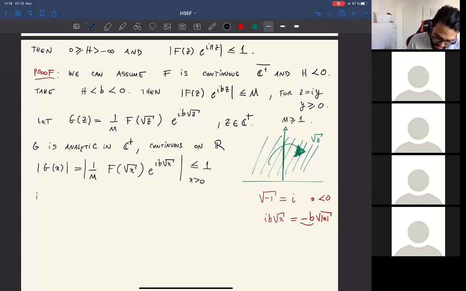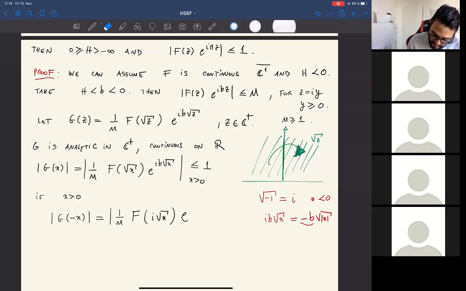And if x is negative, I think I've solved the thing. Let's say if x is positive and I put the minus x here, so that's going to be 1 over m, and then f of minus x, which is going to be i square root of x, because it's the square root of minus x, which is i square root of x. This is the same thing. It's going to be i b, and then i square root of x, which is going to be minus b square root of x.